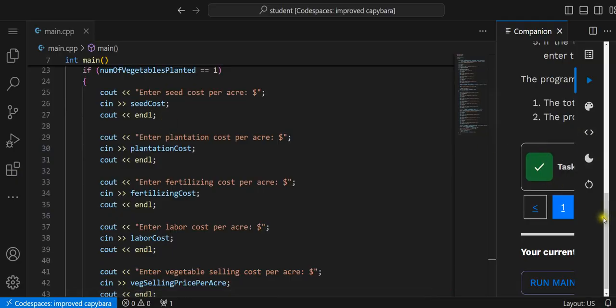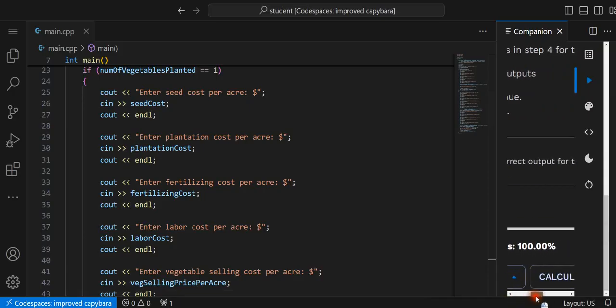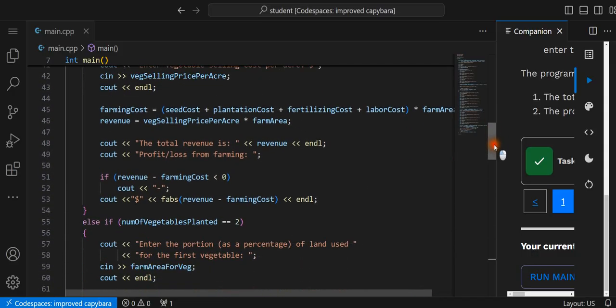Alright, so we got our green check mark and we got our 100%. Alright, let's show you the rest of the code, but let's take a quick break and we'll be right back after this. Alright, if you do need more time with 23 to 43, go ahead and pause it. We're going to move on.